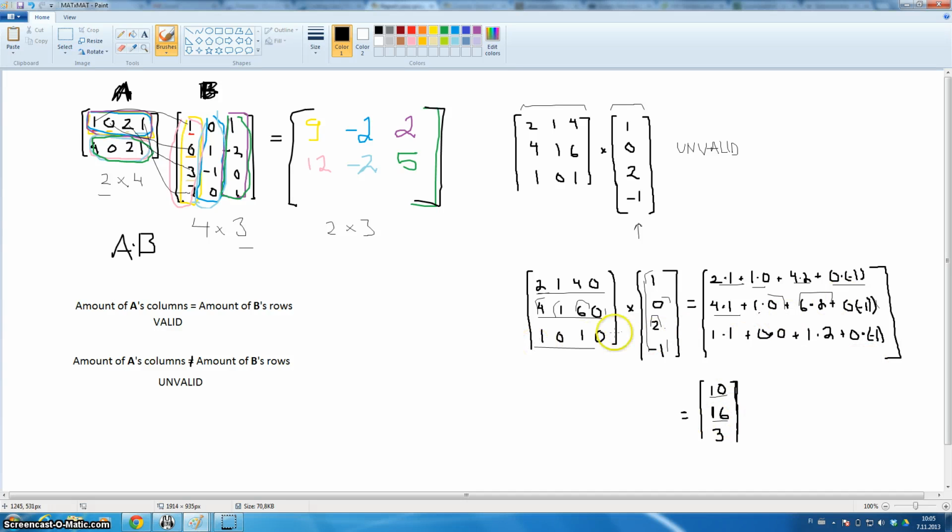The same with this row and this column, which is now a vector, and so we have this kind of vector result.